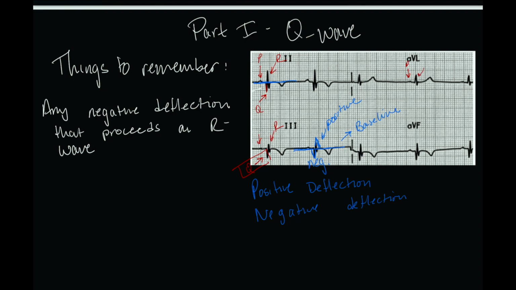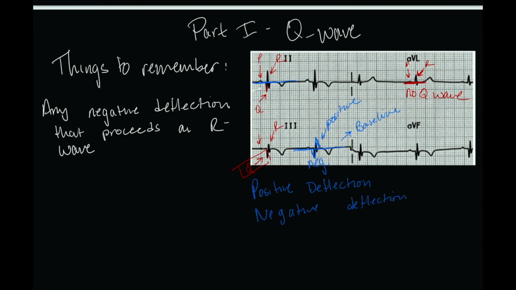We notice that positive deflection, that R wave. But since there's no deflection below the baseline, there's no Q wave. And so that's a good thing to keep in mind.